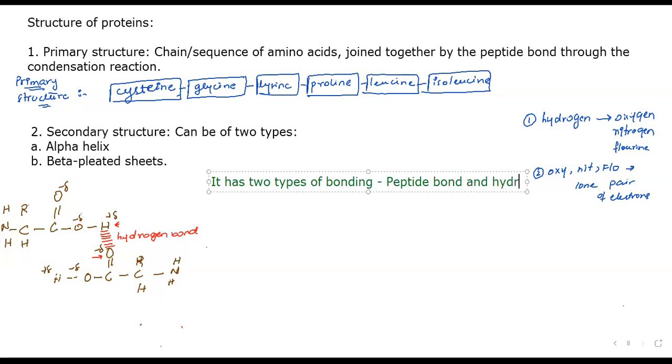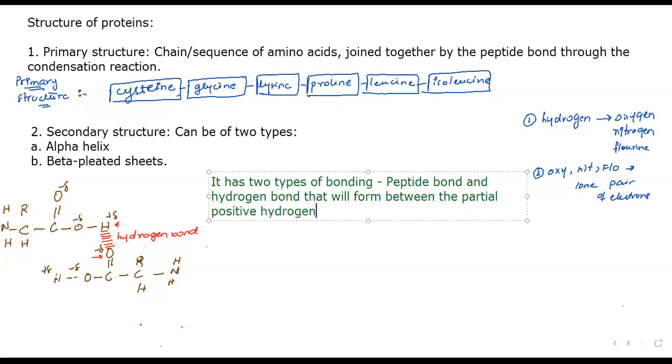And the second one is the hydrogen bond that will form between the partial positive hydrogen in the OH group and the partial negative oxygen that has your C double bond O, right?